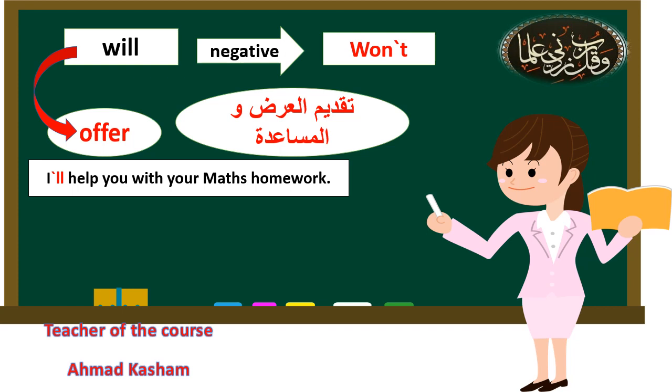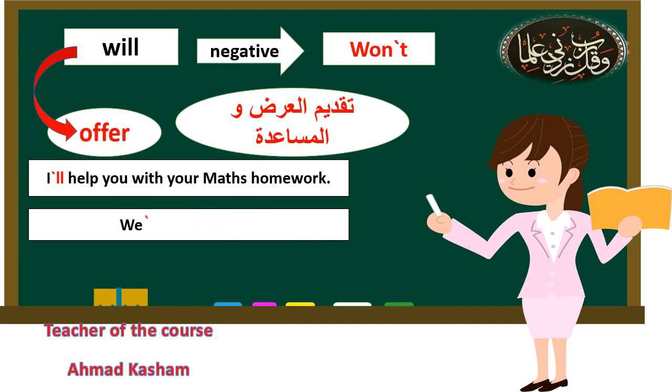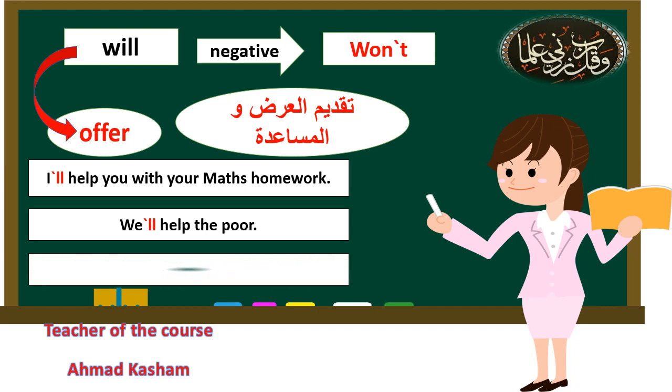I'm giving an offer to help. I'll help. Another example. We'll help the poor. سنساعد الفقراء. The last example here. I'll make you a cup of tea. This is when your friend, one of your relatives, comes to visit you. So you offer him something to drink or to eat.